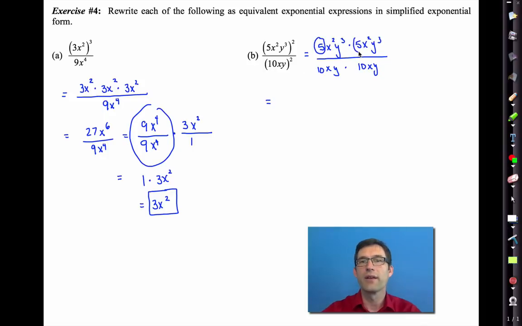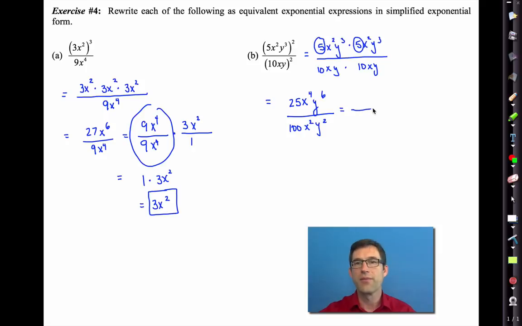Without formally writing down the associative and commutative properties, we're going to do 5 times 5 and get 25. X squared times x squared will give us x to the fourth. Y cubed times y cubed will give us y to the sixth. In the denominator, 10 times 10 will be 100. X times x will be x squared. And y times y will be y squared.